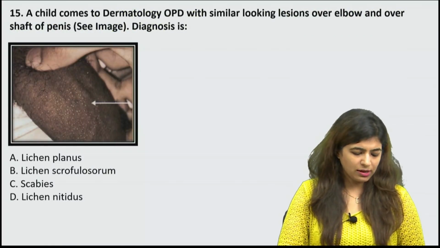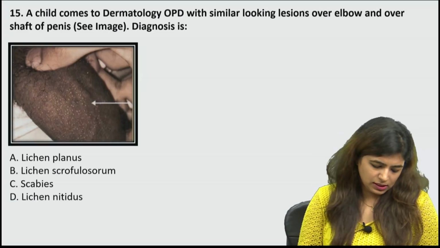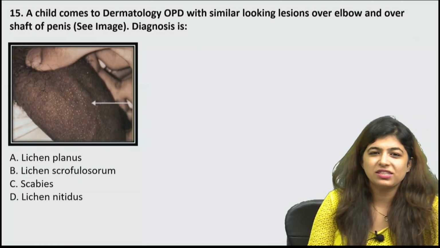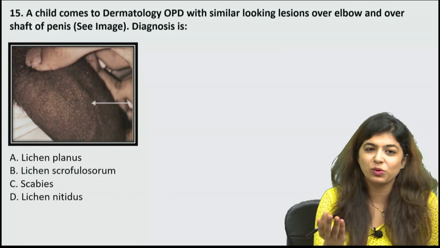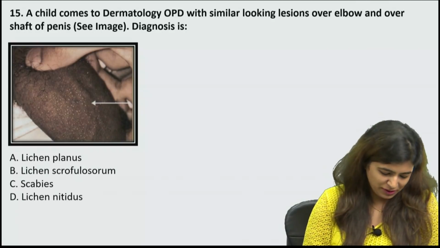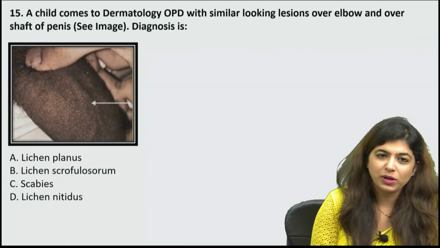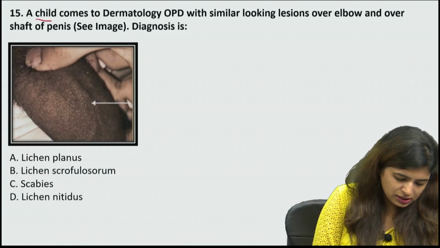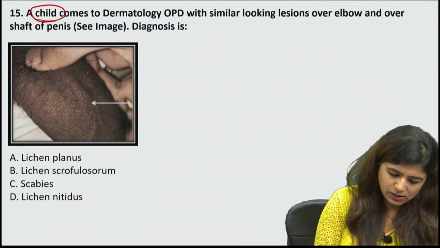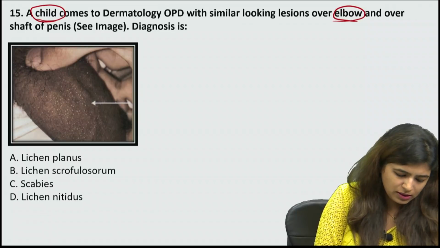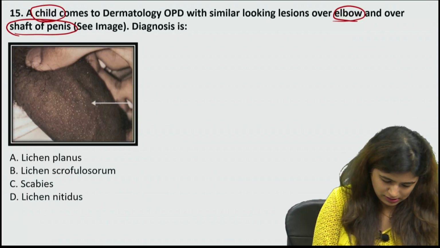Moving on to question number 15. This is a question which is thankfully giving us some hints in the text also along with the image, only one of its kind till now. Let us read what it is giving us. Here it is a child who comes to dermatology OPD with similar looking lesions over the elbow and the penis.